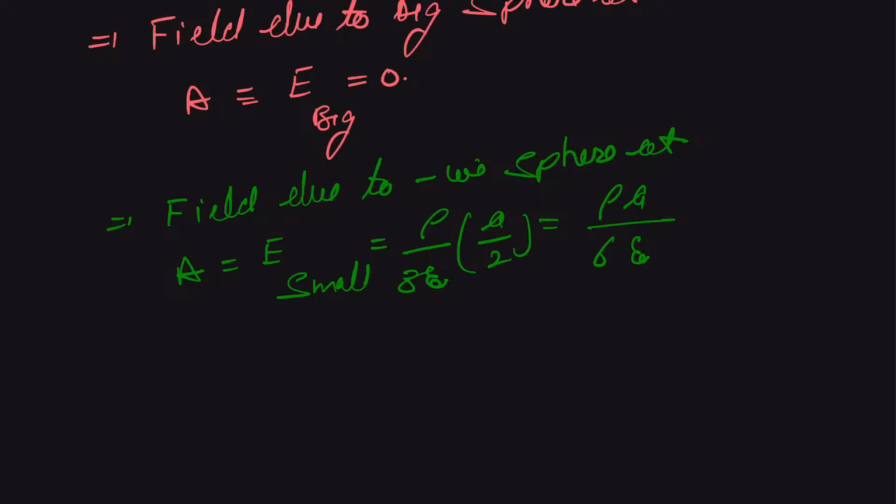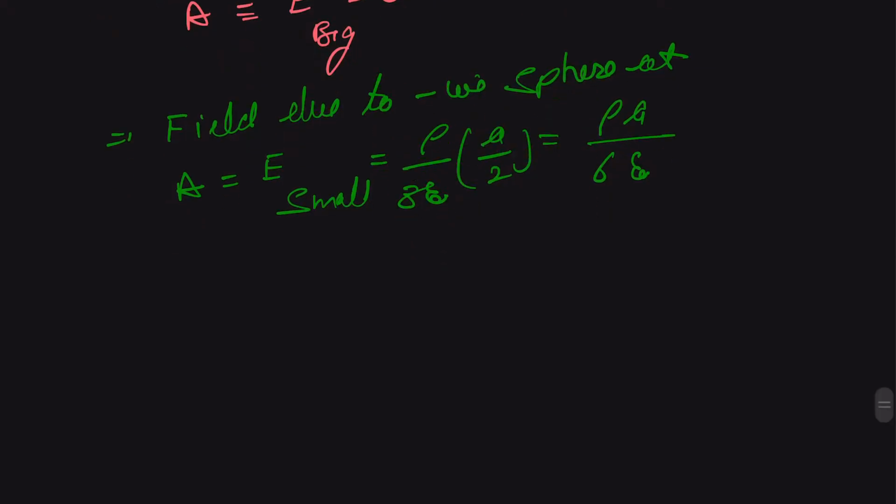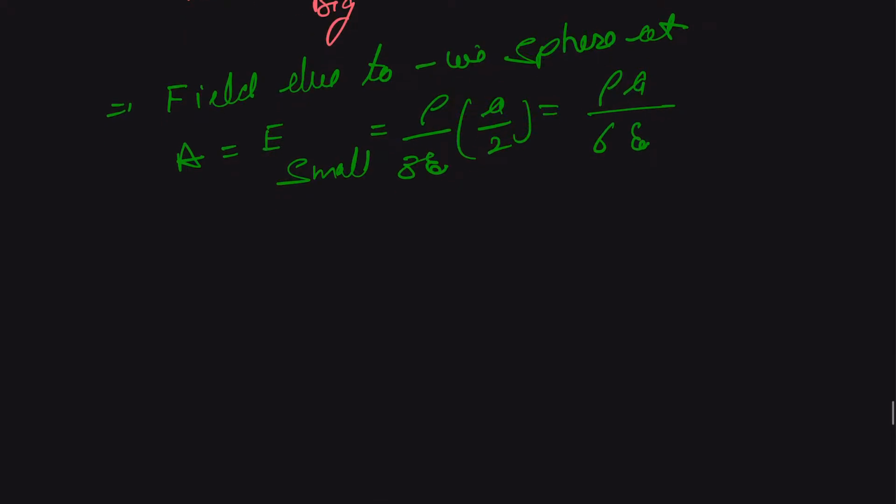And with respect to the direction, we can say that the field of a negative sphere points towards its center. So we can say our direction will be from A towards O prime.